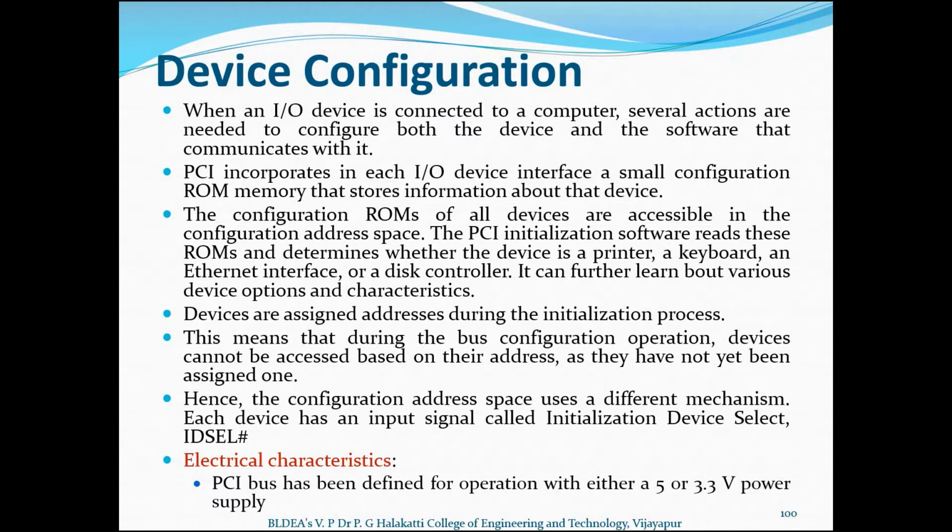The devices are assigned addresses during the initialization process. So during the configuration operation, devices cannot be accessed since they have not been given an address. Therefore, each device has an input signal called initialization device select, which we write as IDSEL#.